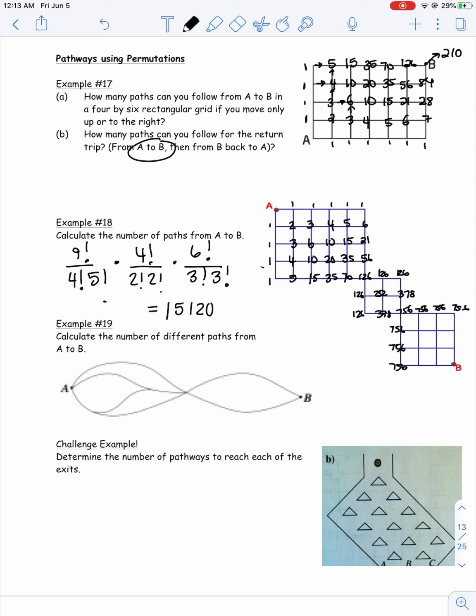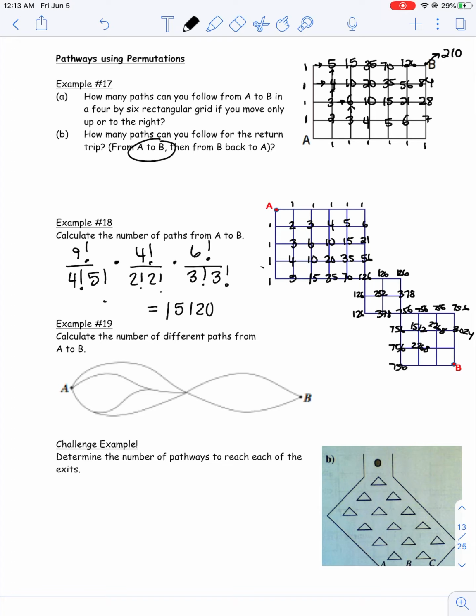So 756 plus 756 is 1512. 756 plus 1512 is 2268. 2268 plus 756 is 3024.